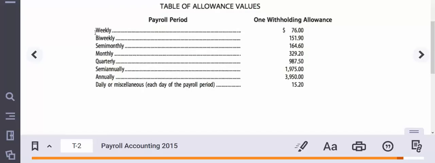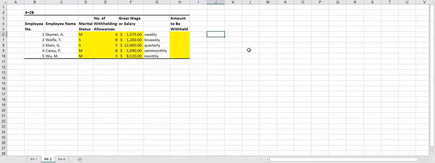If we were doing the 2015 book, his withholding allowance would be $76 per allowance, but in the edition of the textbook we're using, it's $76.90. So I'm just going to write $76.90.